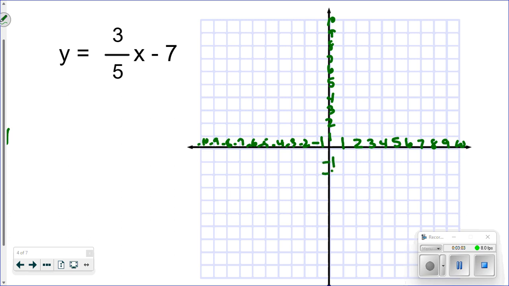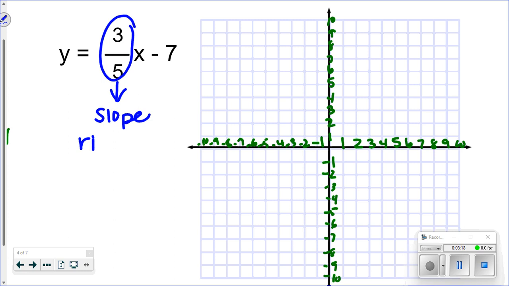Okay, so I'm going to look at my equation here, and I know that this is the slope, and we know slope is rise over run. And we know this is the y-intercept.